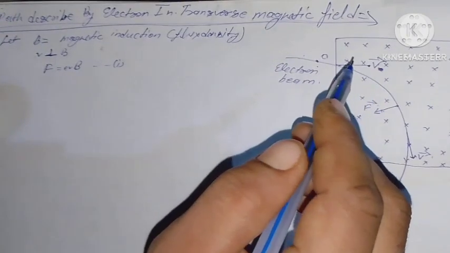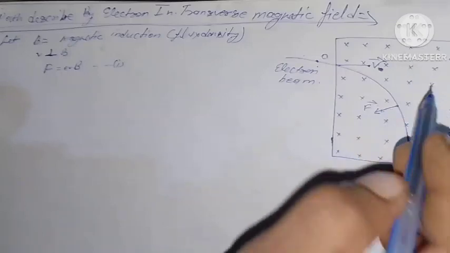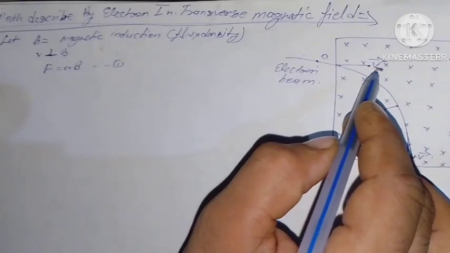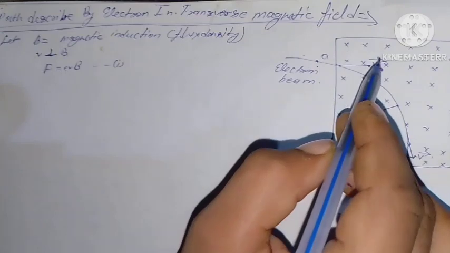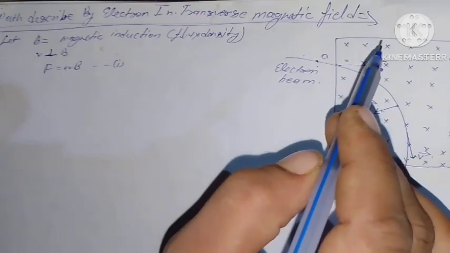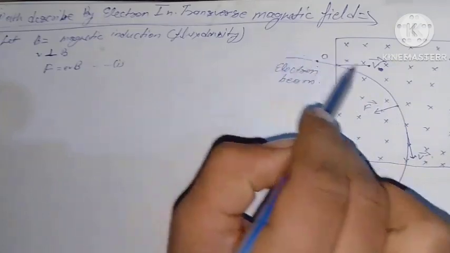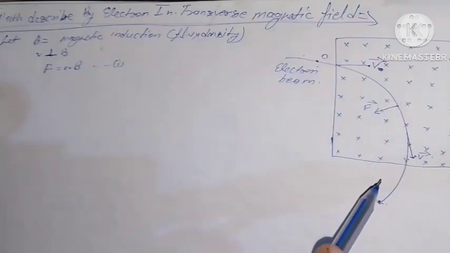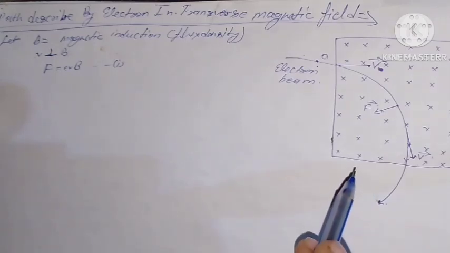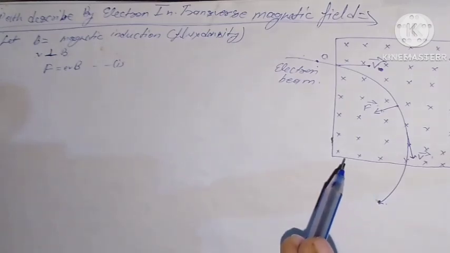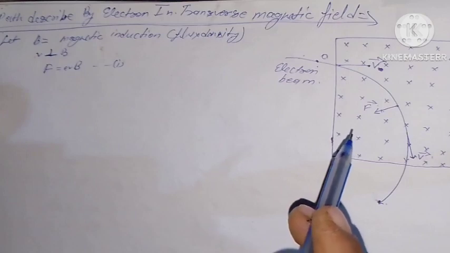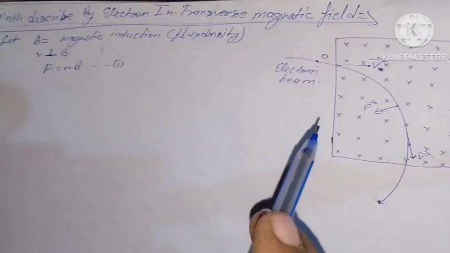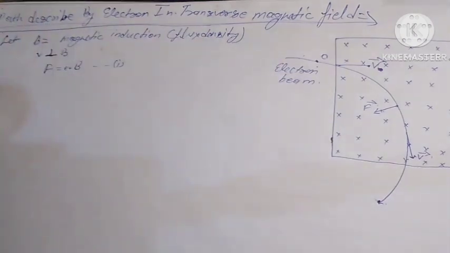Since force is always perpendicular to velocity, it only changes the direction of v and not the speed. Therefore, the electron describes a circular path of radius R in the field.